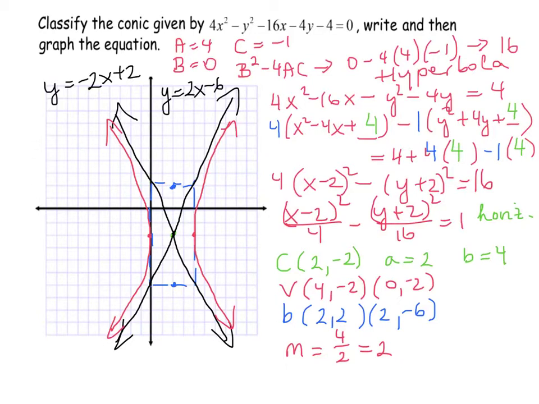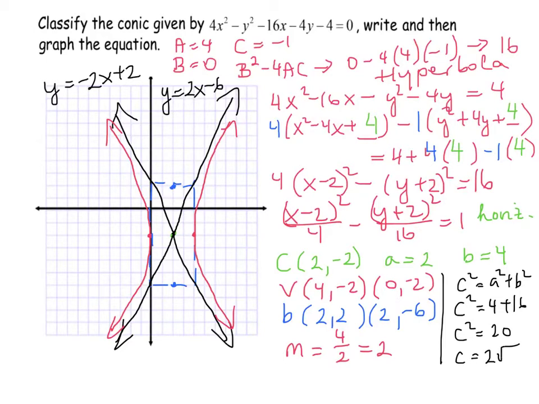Lastly, we just have to find our foci. I know the relationship for the focus is c squared equals a squared plus b squared. So c squared will equal a squared, which is 4, plus b squared, which is 16. So it's going to be 4 plus 16. c squared equals 20. So c will equal 2 times the square root of 5.